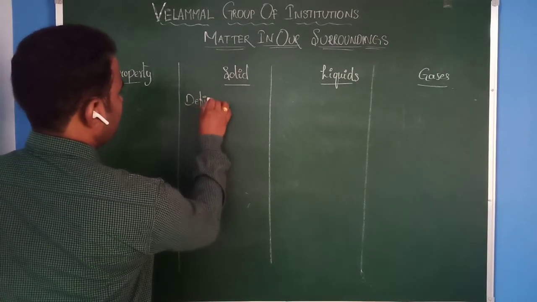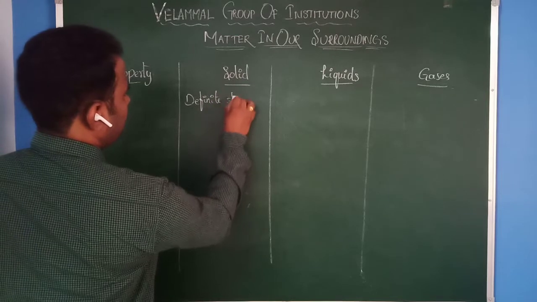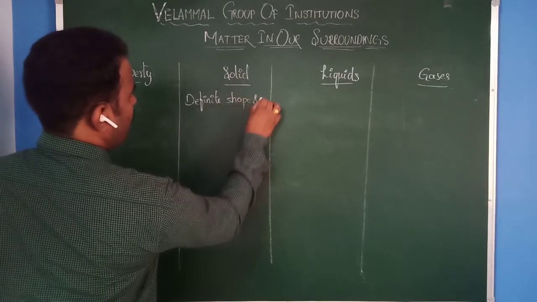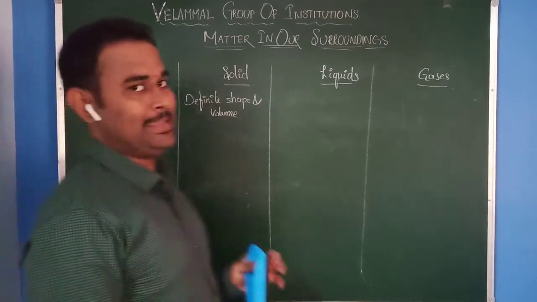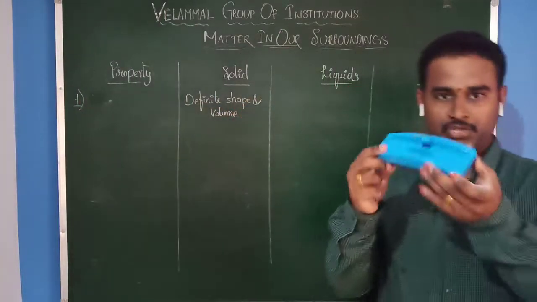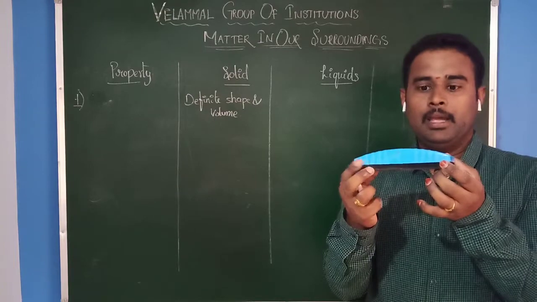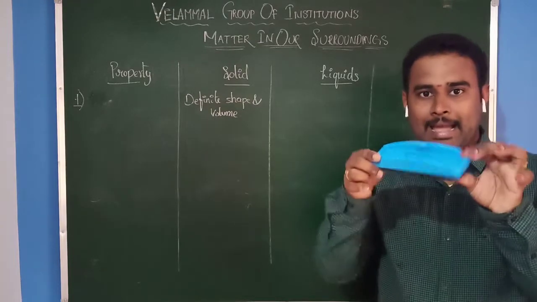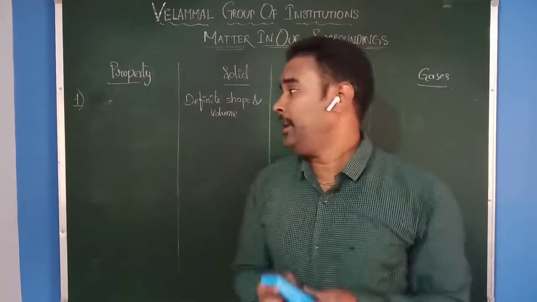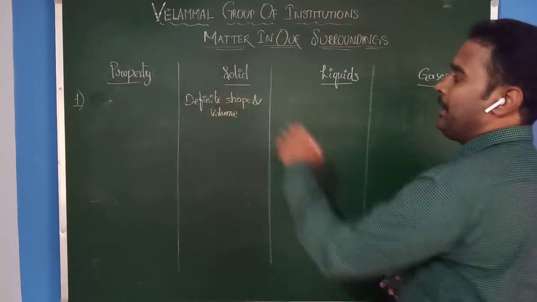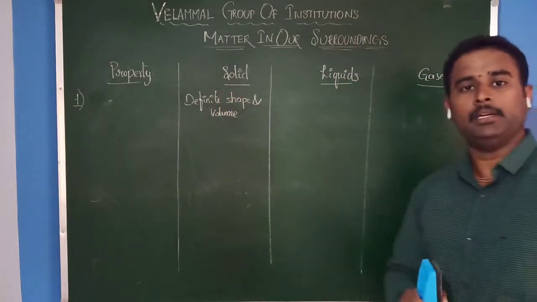When you take any solid material, let us take this duster, it contains a fixed shape as well as it occupies a fixed amount of volume. That means solids have definite shape and definite volume.